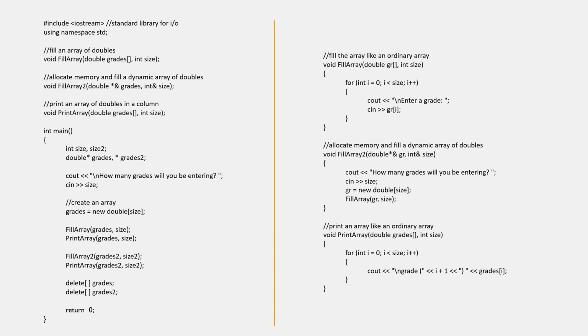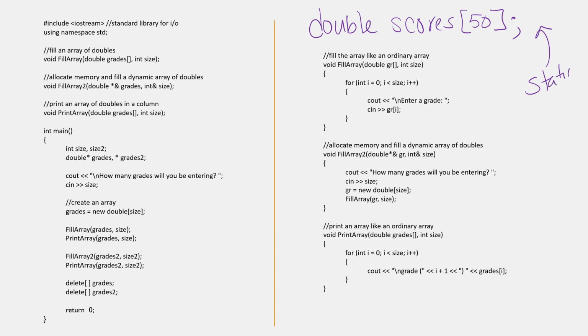To declare an array, you would use the data type, say double, and scores, and say size 50. This right here is a static array. And where would you declare this?